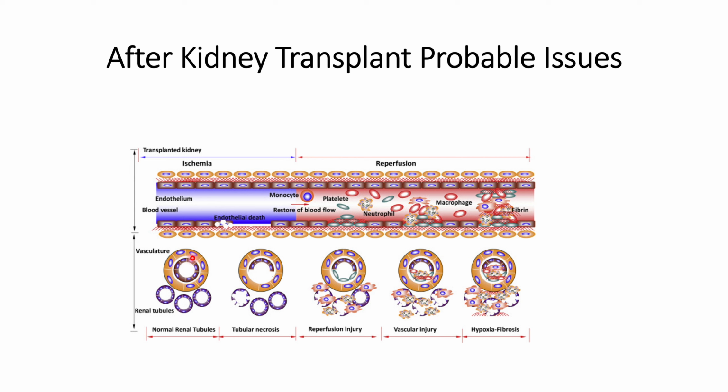That is shown here: this is the normal state, and when there is a lack of supply of blood, we observe a contraction of the blood vessels, and some cell death. In biological terms we call this condition tubular necrosis. Necrosis is cell death because of the lack of supply of blood.